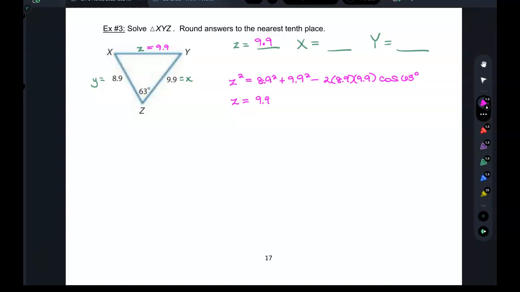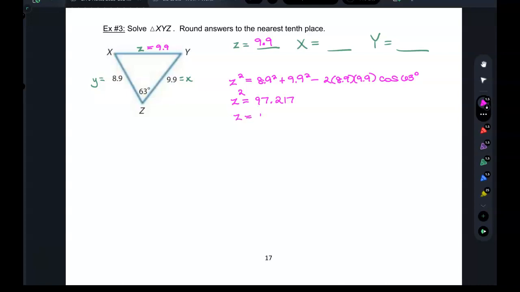Wait, I didn't multiply by the negative cosine. Okay, so we get this. It's 97, so it's 9.9. Yeah, it's just 9.9.